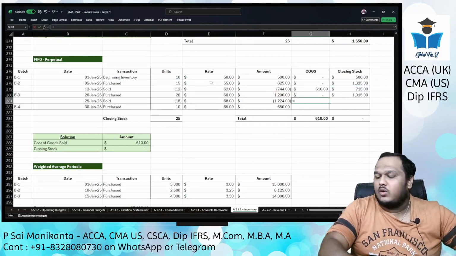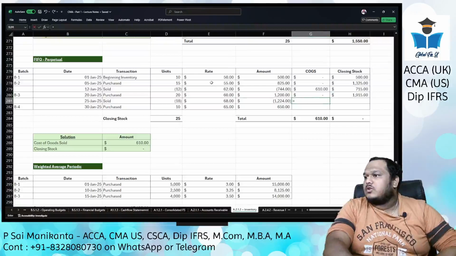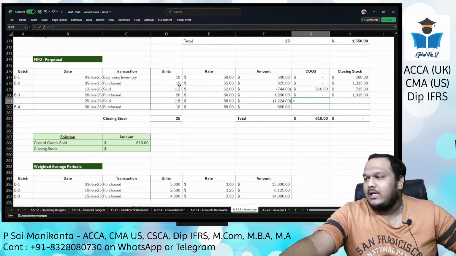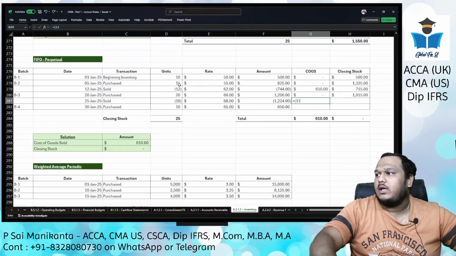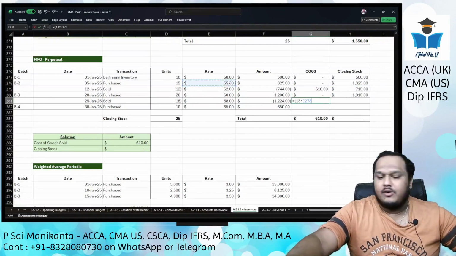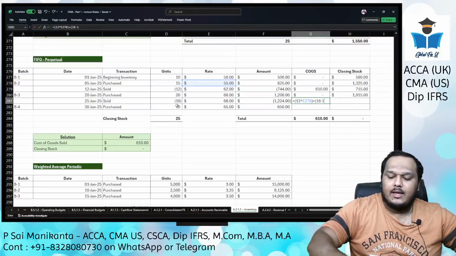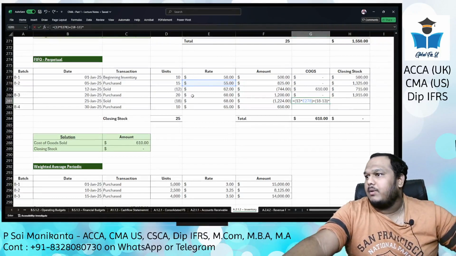Then again we sold, how much we sold? 18 units were sold, so here 2 units were sold, so 13 are remaining. So 13 multiplied by 55 plus 18 minus 13 multiplied by 60.